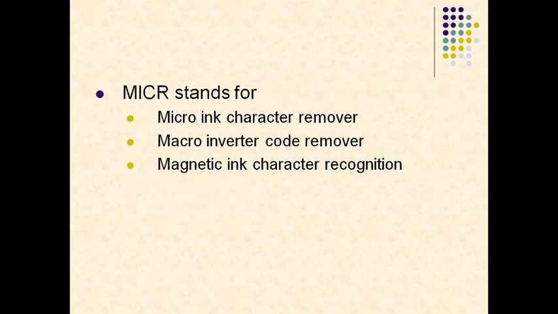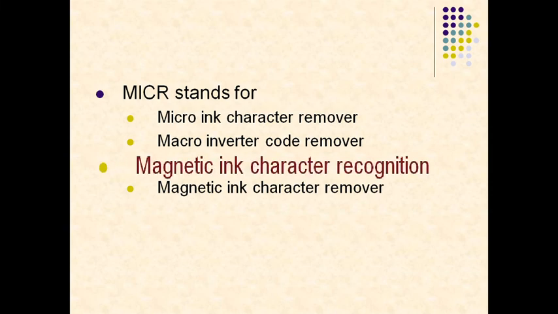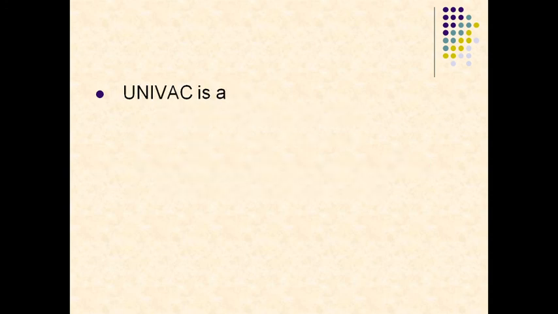Next question: MICR stands for. Options: micro ink character remover, macro inverter code remover, magnetic ink character recognition, magnetic ink character remover. What is the answer here? Magnetic ink character recognition.